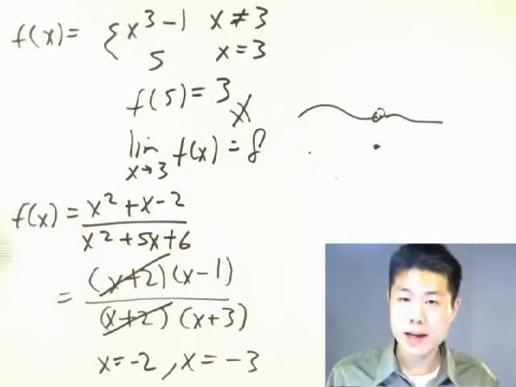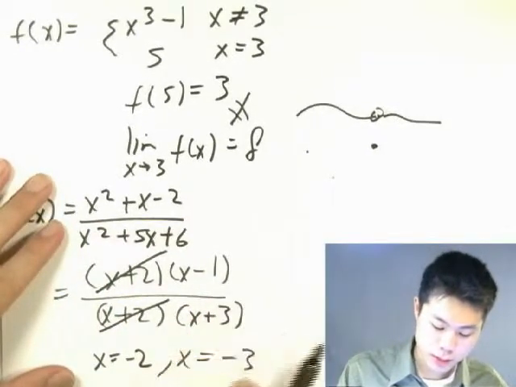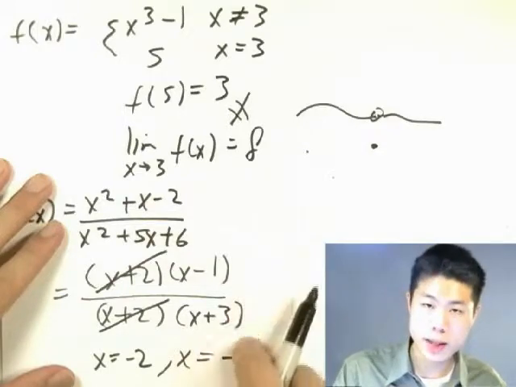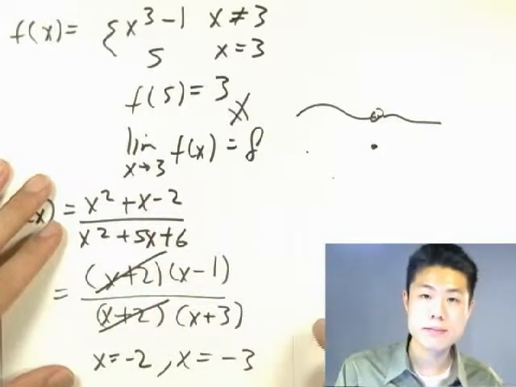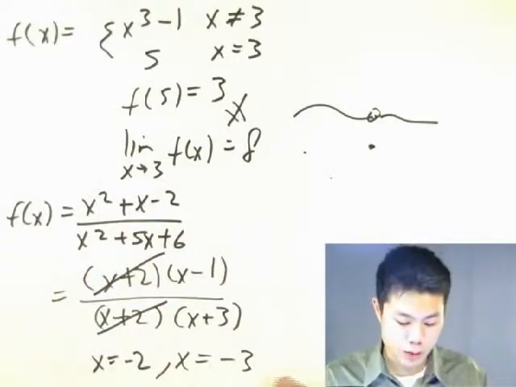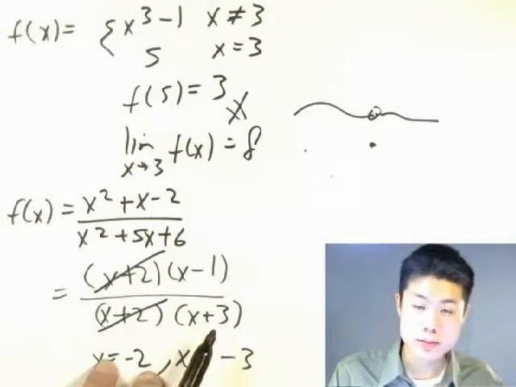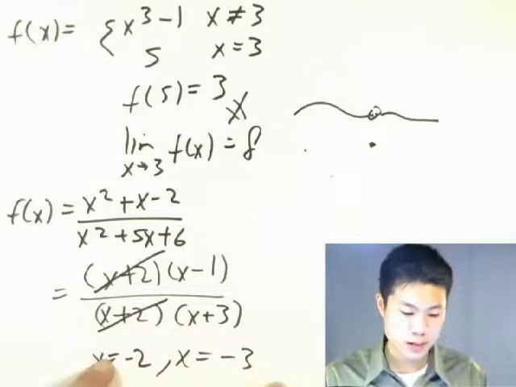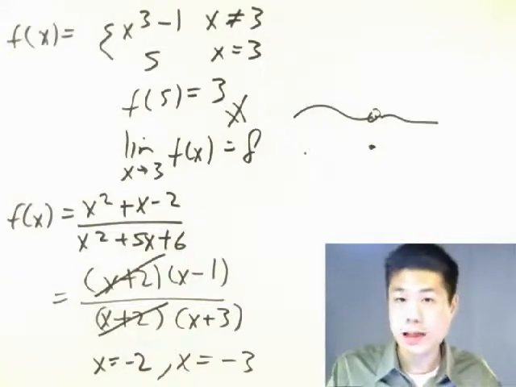So that's going to be a vertical asymptote, right? Because it can equal 0 on the bottom. So if we plug in -3 here, we have 0 in the bottom, but not in the top. And the top is going to be, what, -4. Right, so we have a vertical asymptote at x equals -3, and we have a hole at x equals -2. Okay, so in this case, we have a function that has two different types of discontinuities.